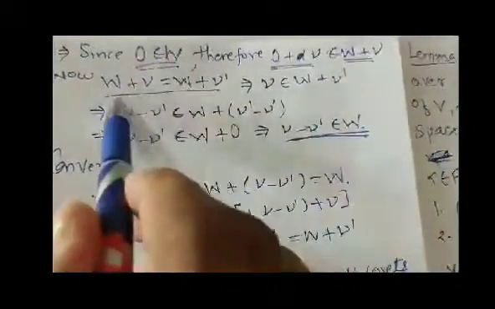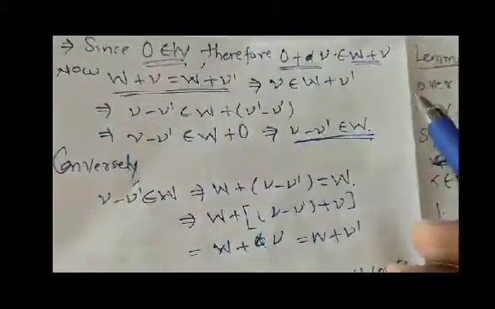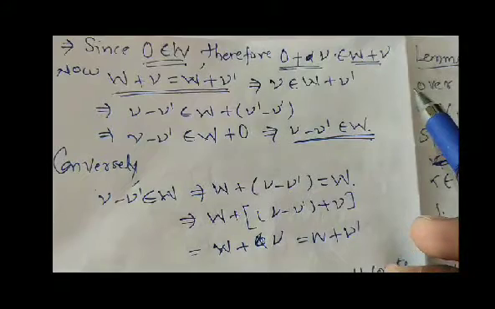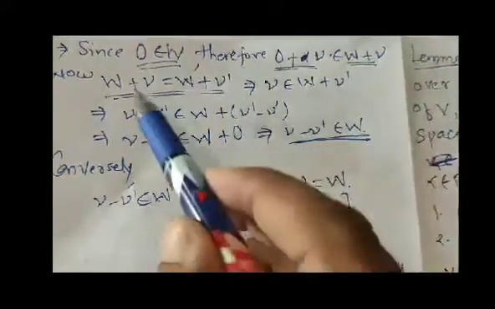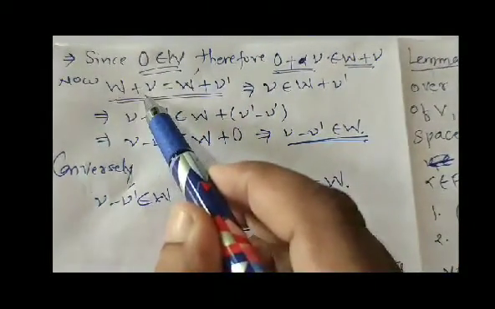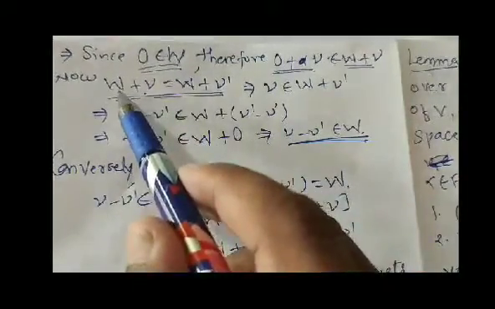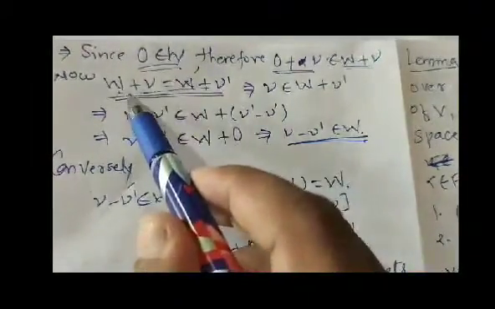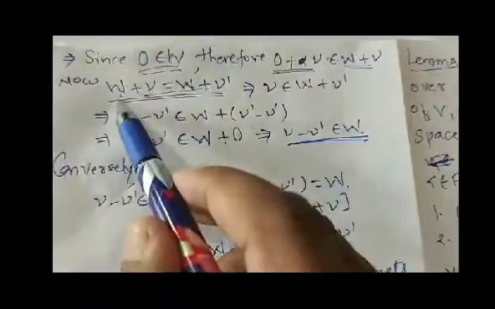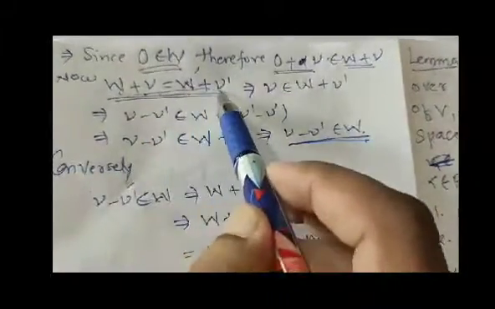Now suppose this is given: W plus nu is equal to W plus nu dash, both right cosets are equal.